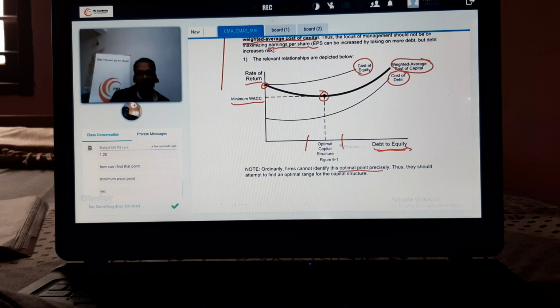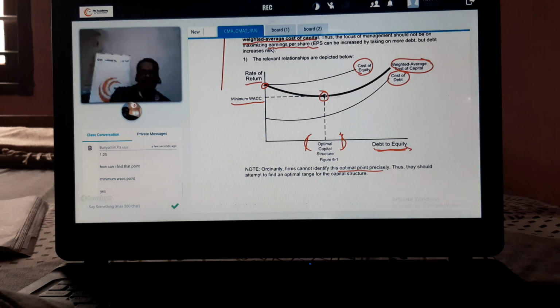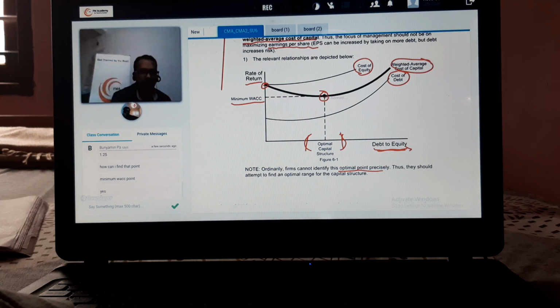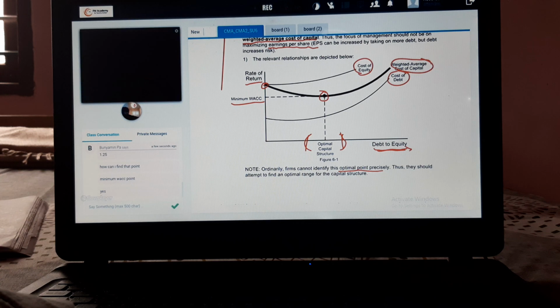The debt can be 40 at minimum and 60 maximum within this bracket. Because this cannot be maintained on a day-to-day basis or yearly basis. Because you will be making money, you will be retaining earnings, your capital structure will be slowly changing. So they look for a range.